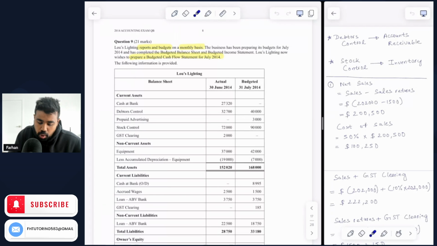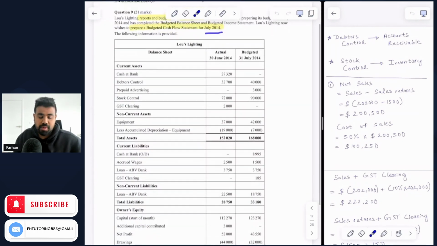Luz Lighting reports and budgets on a monthly basis. The business has been preparing its budgets for July 2014 and has completed the budgeted balance sheet and the budgeted income statement. Luz Lighting now wishes to prepare a budgeted cash flow statement for July 2014.